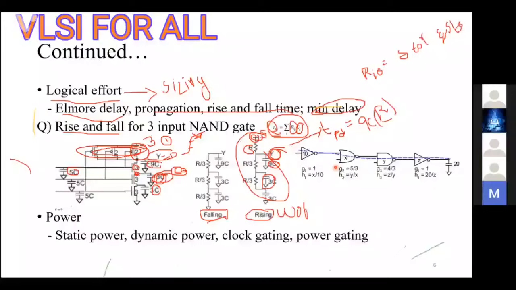Here we are considering the node as Y, so it will be R. In the same way for the 3C part, there is addition of resistance R by 3, but considering the formula, we need to consider the intersection of source to output and source to node. So the intersection will be only R. Again here we will get R in a similar way for the last case as well, 3CR. So this is the Elmore delay calculation. The same thing you can work out for the falling edge.